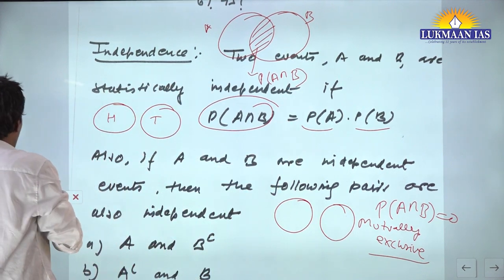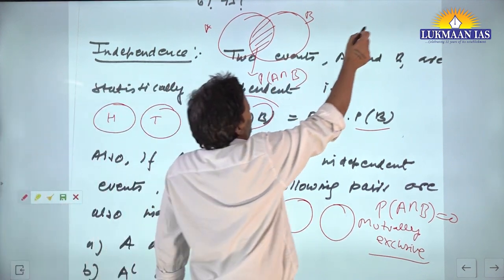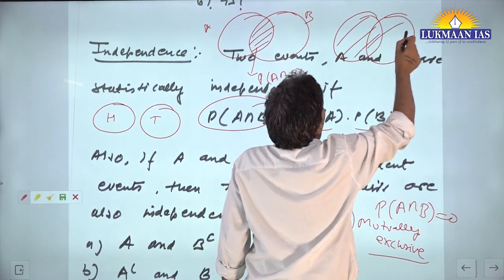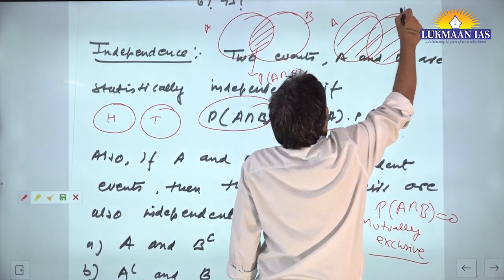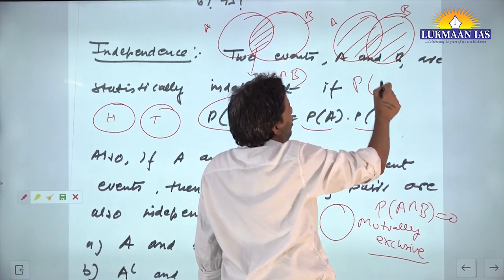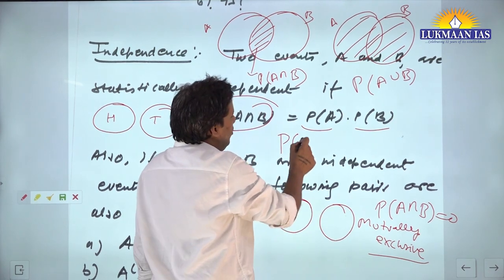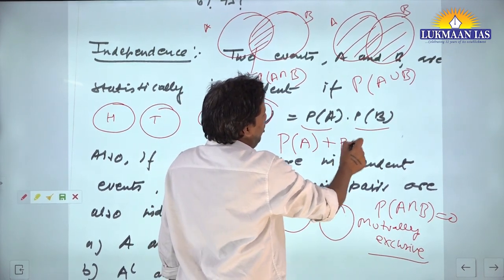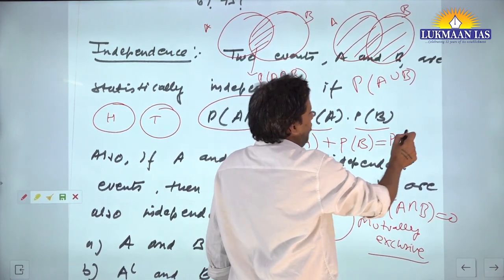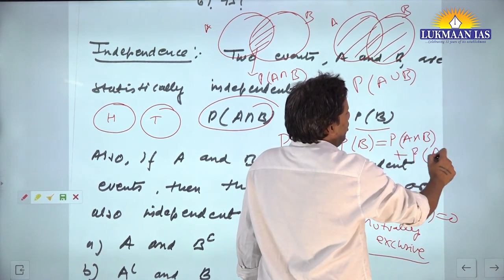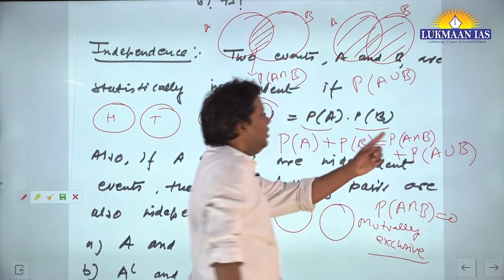The union would be the full shaded area, called A union B. And you know the basic formula: probability of A plus probability of B is equal to probability of A intersection B plus probability of A union B. This thing you must know.